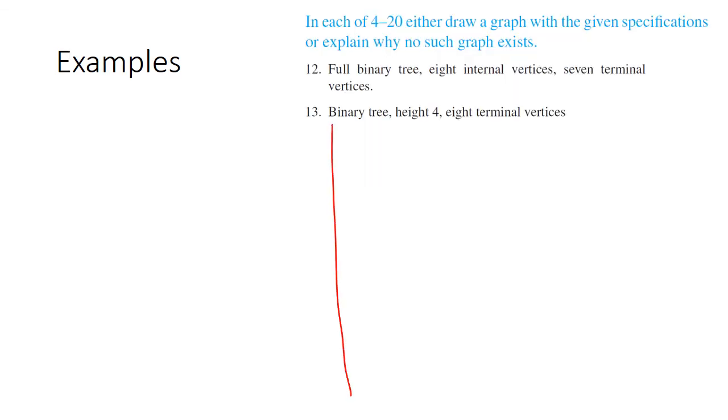Okay, so I'm going to start with number 12. A full binary tree, 8 internal vertices and 7 terminal vertices. Okay, so let's give a try at doing this. So let's see, there's 3, and then, okay, now I have 3 internal and 4 terminal. That's not going to be enough. Let's see if I can keep going. All right, this is a little tricky.